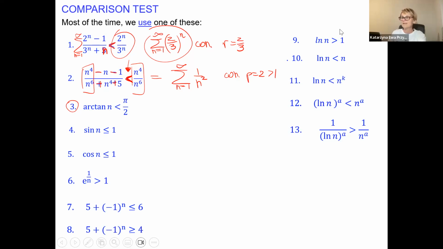Natural log of n, we may compare to 1, we may compare to n, we may compare to any power function, where k could be any number. Or even if I take both to the same power, always n, that power function will be logarithmic, will be smaller. If I flip this, I have this. That's a couple of ideas, but theoretically you can compare with everything you wish you see.